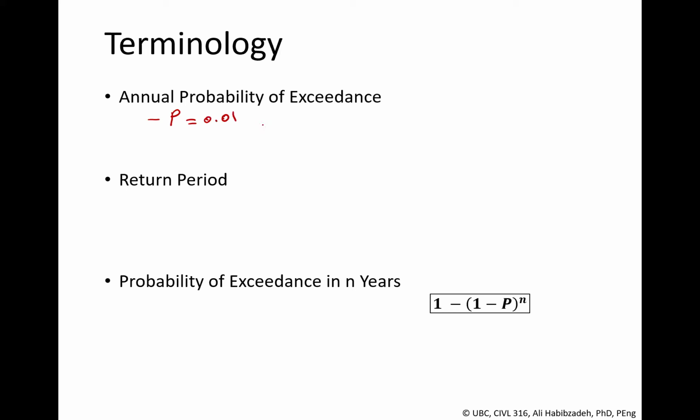It means there is a 1% chance, per year, every year, for flow to exceed a certain flow.